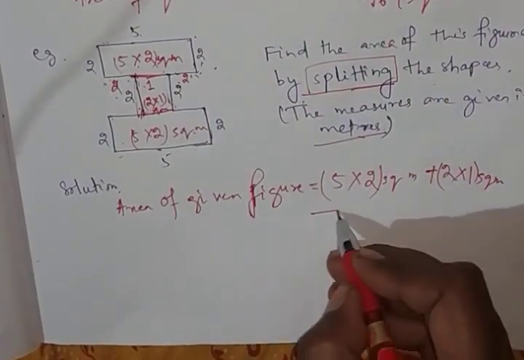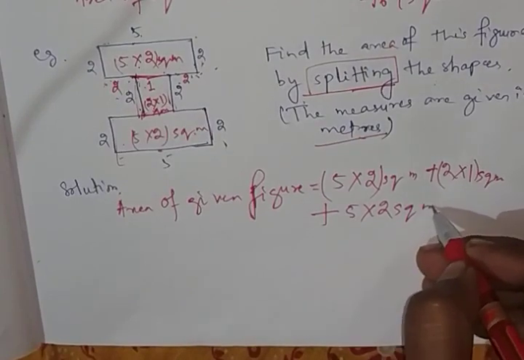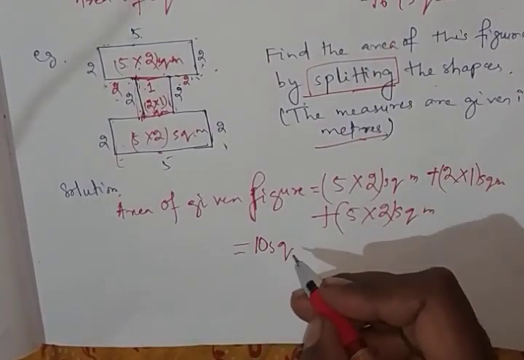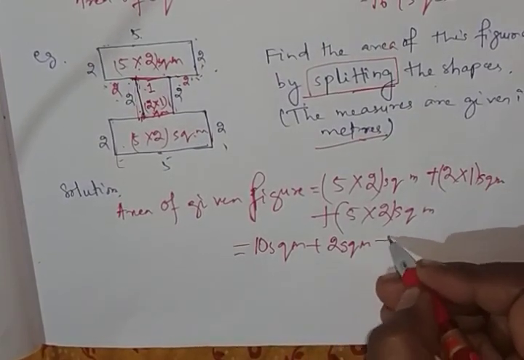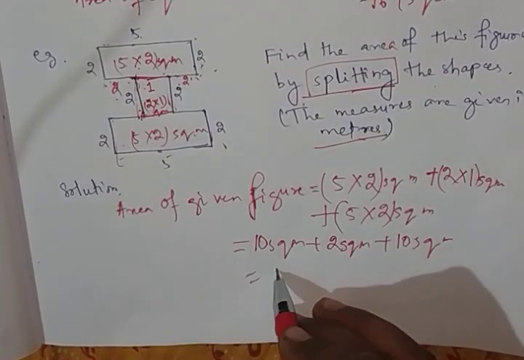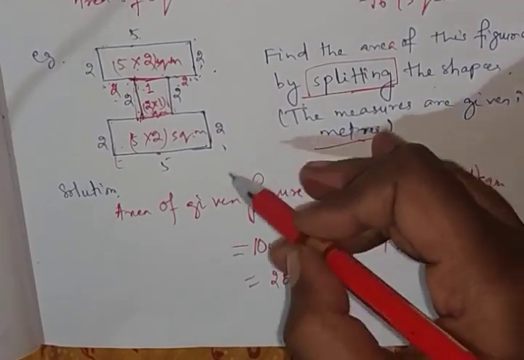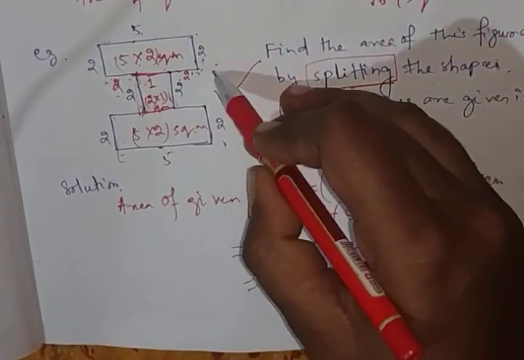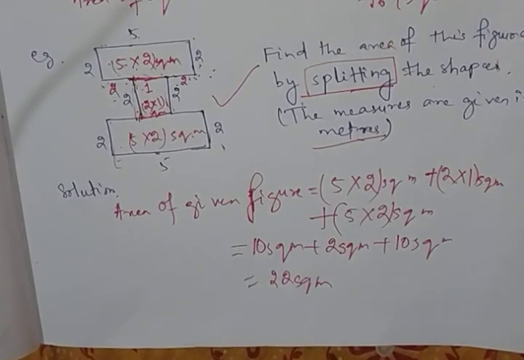Plus this shape is 5 into 2 square meter. So 10 square meter plus 2 square meter plus 10 square meter. How much is it? 22 square meter. So like this you can find the area of this type of figure by splitting the shape. If you split, then you can easily find the area.